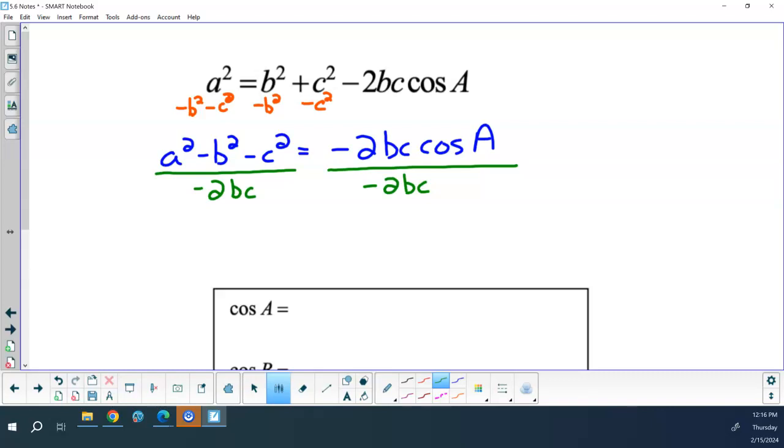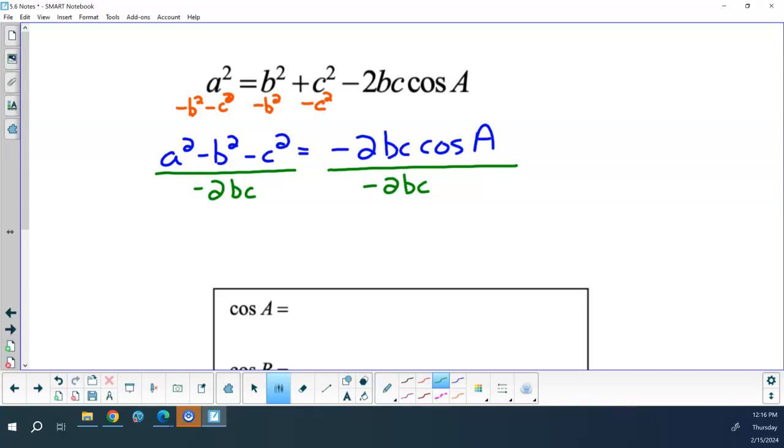Can I cancel out a b on the left side? I will also ask, can I cancel out a c on the left side? Based off of your algebra knowledge, can I cancel out a b? Can I cancel out a c? Yay or nay? Nay. Bad maths.